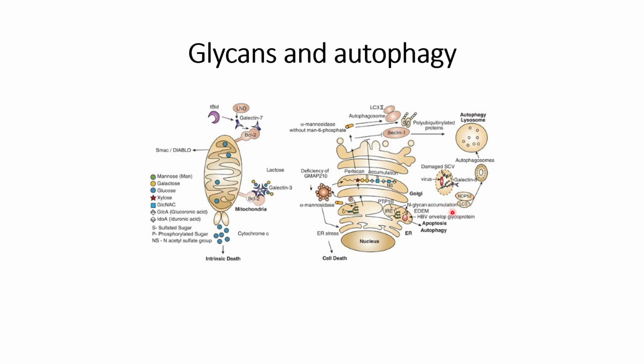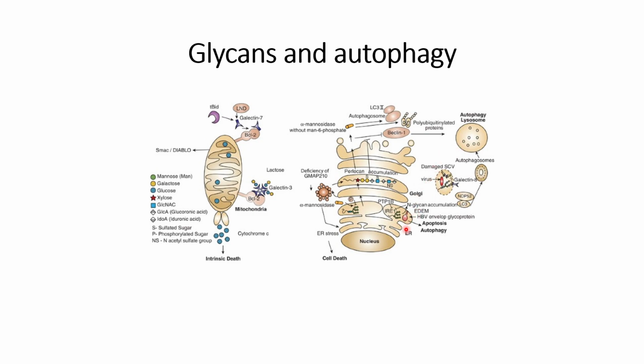Once SCV forms a complex with NDP2 and LC3, they can be directed towards the autophagosome, where they will go through the autophagy process. And empty vacuoles can go into the lysosomes, where they can be recycled.